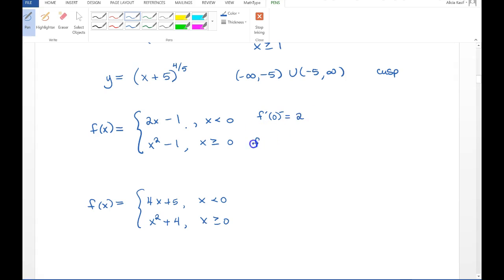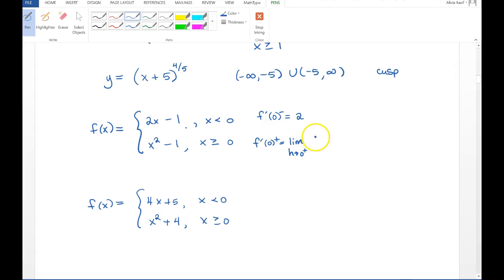Now, what about the derivative from the right? Well, it's x squared minus 1. I can't see the slope, it's not an equation of a line. So I'm just going to go through the process of looking at the limit definition.